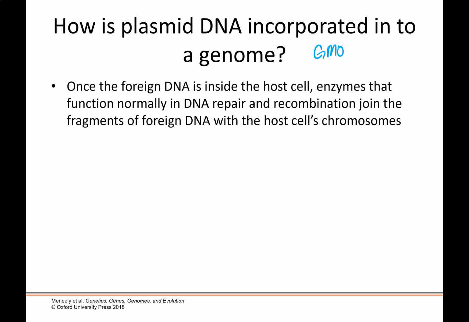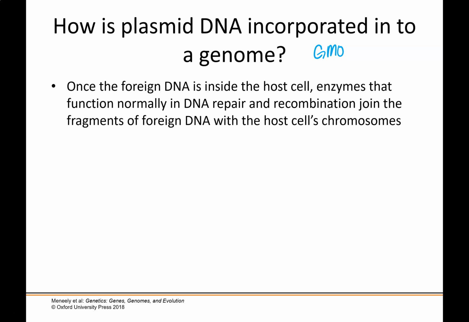How are we actually going to get that gene of interest that we put into our bacteria into the genome of our cell? Well, once that foreign DNA is inside of a host cell, there are mechanisms already present in that host cell that are actually going to, quote unquote, repair the problem.